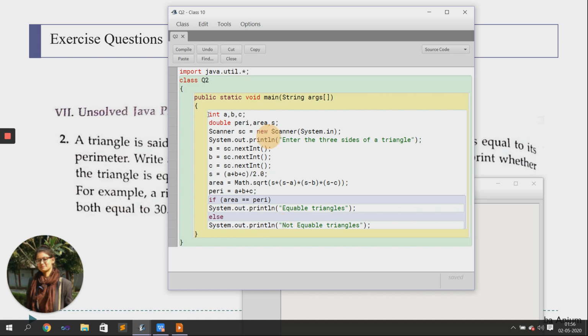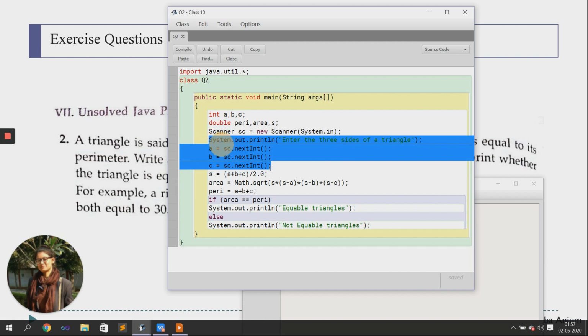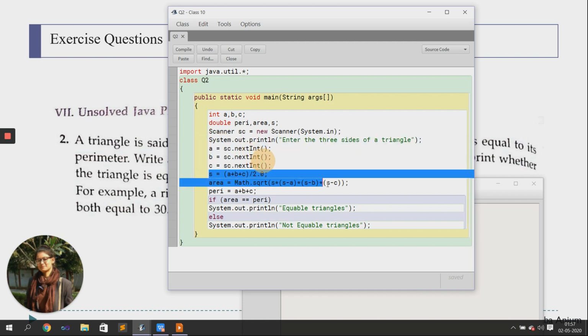First, we created variables. Then we take input a, b, c.